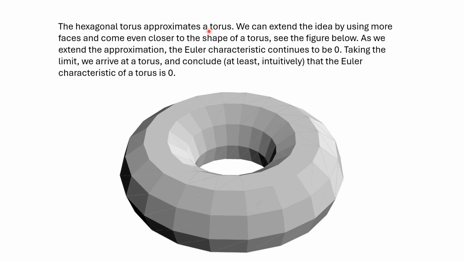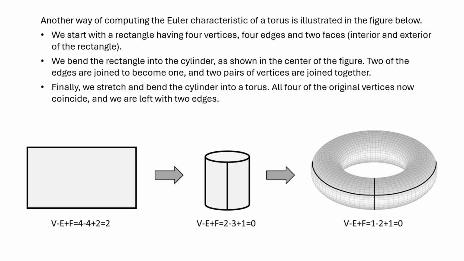So the value of the Euler characteristic depends on certain general characteristics of the shape. What we have here is another way of determining the Euler characteristic of a torus.